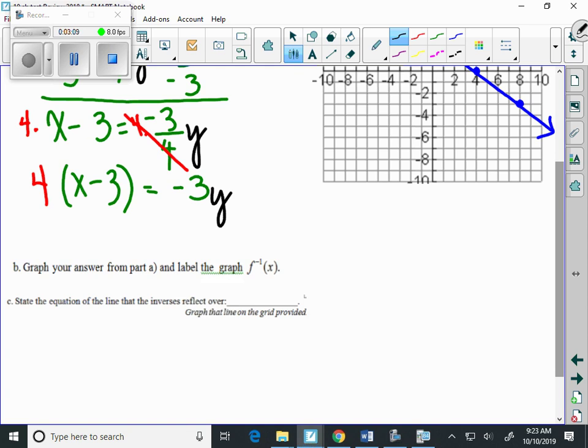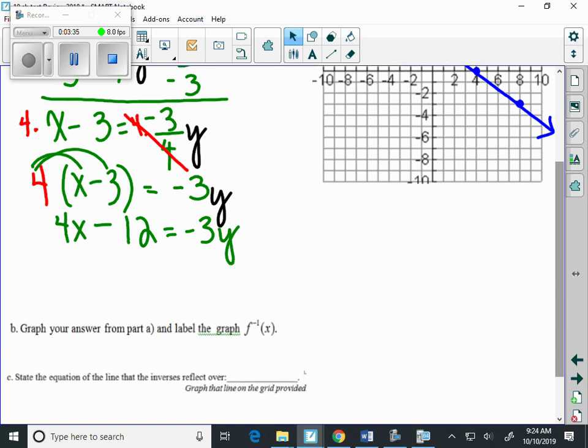In other words, no more fraction. I'm trying to put this into slope-intercept form because we're going to have to graph it, and that also is solving for y. And we end up with 4x minus 12 equals negative 3y.